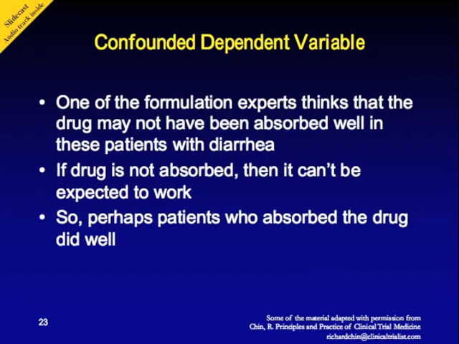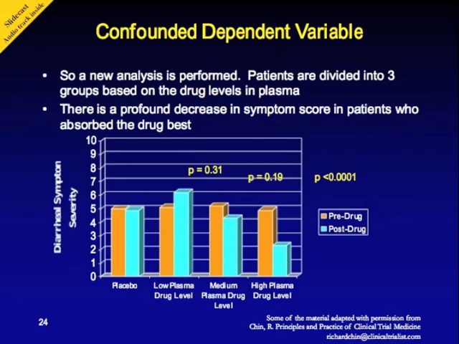So obviously, if the drug doesn't get absorbed, it's not going to work. So why don't we look at the correlation between the plasma level of the drug and the efficacy? And you take a look, and lo and behold, there's a great correlation. In patients who had the highest plasma level of the drug, they improve the most.